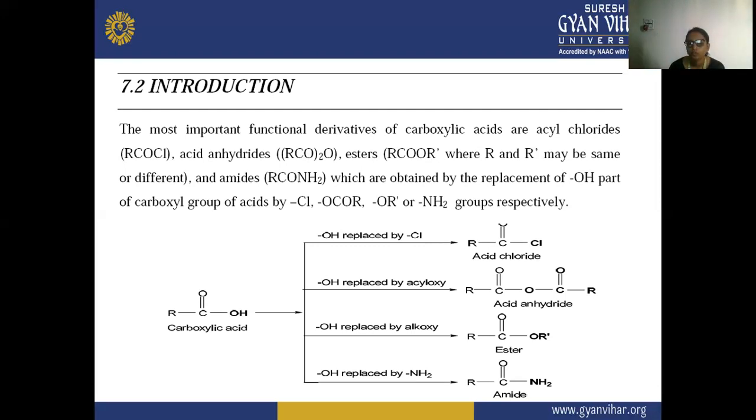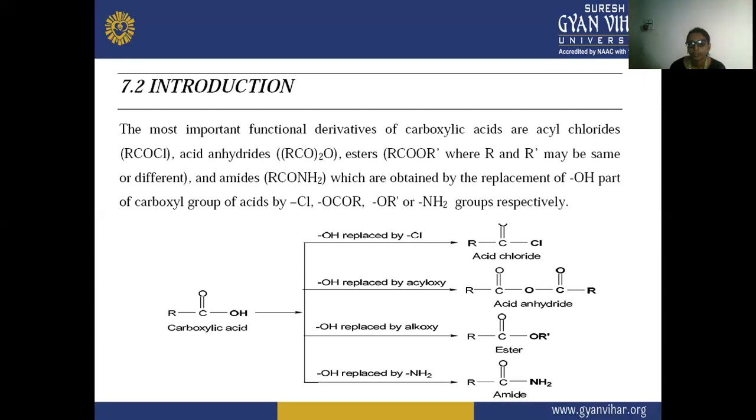In all four of these carboxylic acid derivatives, one thing is common, that is the CO group. In the carboxylic acid the CO is also present, but the OH part of the carboxylic acid has been replaced by these groups. For example, in the acyl chloride, the OH part is replaced by the Cl part, so it becomes acyl chloride.